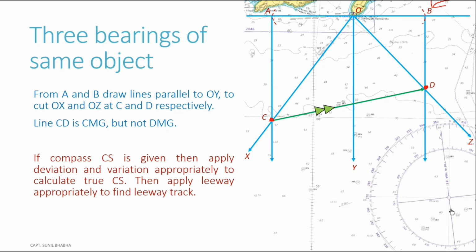Now from the compass course, which is usually given to us in the question, we apply the deviation and variation. Once we apply deviation and variation to the compass course, we obtain the true course steered. If there is wind and leeway given to us, we will apply the wind as well as the leeway angle, and we will find our leeway track.